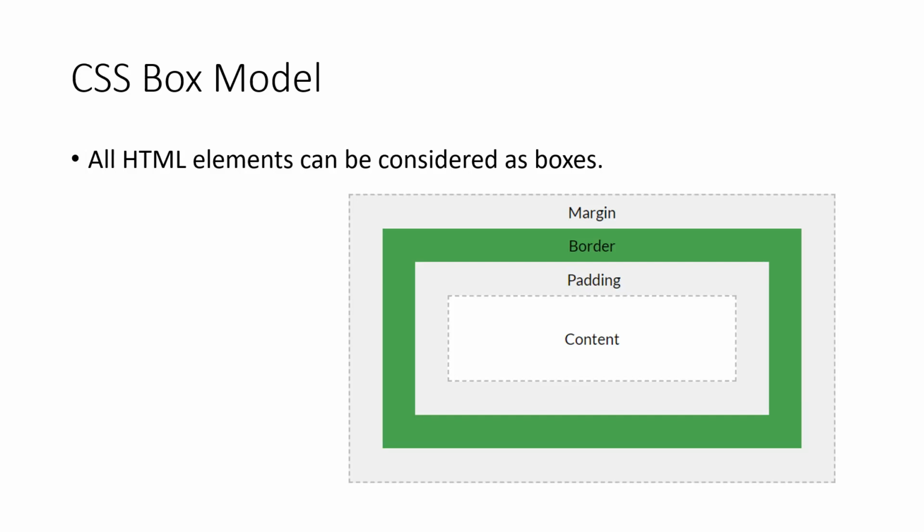There's a border, then within that you have the content, but the spacing is what we call the padding, and what is outside the border, we call the margin. So this is the control.